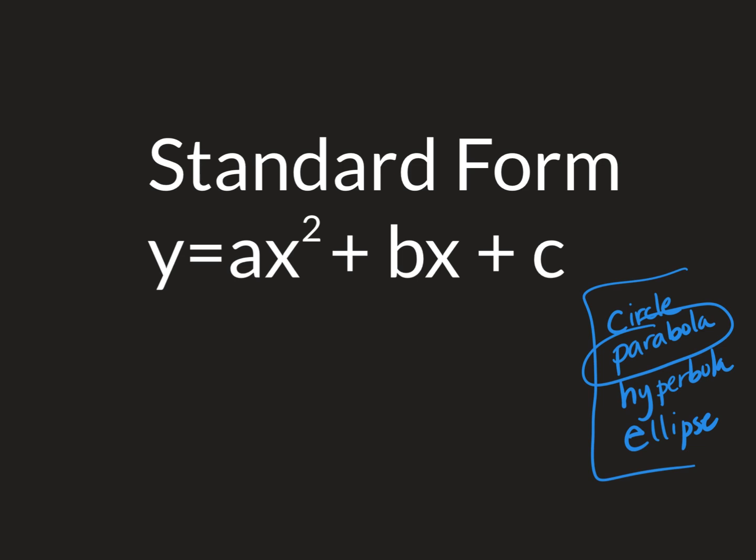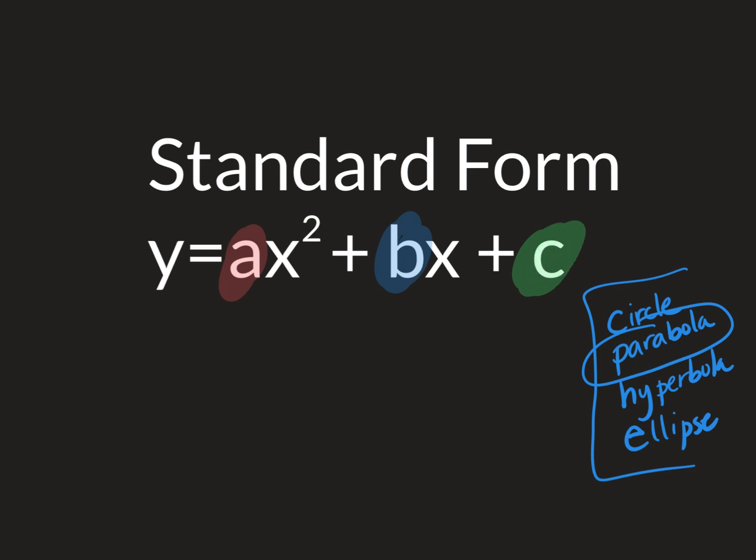Now, the first thing you have to know about standard form is there aren't any parentheses. When you look at this problem, you do not see parentheses at all. So this is not vertex form, and it is not as easy as vertex form. The first thing that you have to do when you have standard form is you have to name your A value, your B value, and your C value.